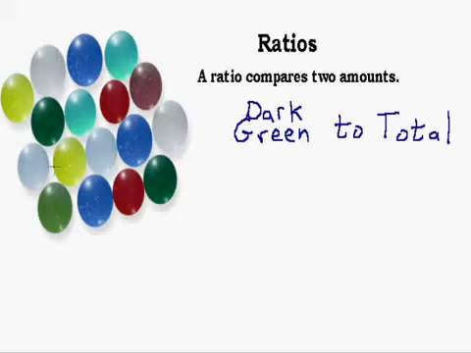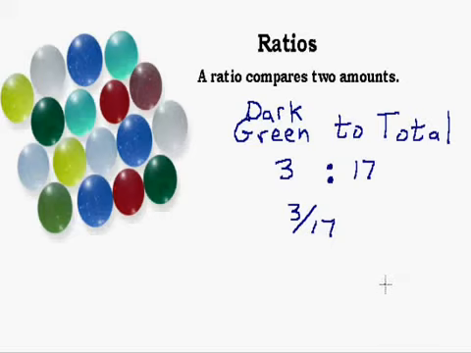Some people might call that green, these two. I'm looking at these 3 dark green marbles right here. So I got 1, 2, 3 dark green marbles to the total number of marbles. So I got to count them all up. Let's see. 1, 2, 3, 4, 5, 6, 7, 8, 9, 10, 11, 12, 13, 14, 15, 16, 17. So I would say 3 to 17, or 3/17.